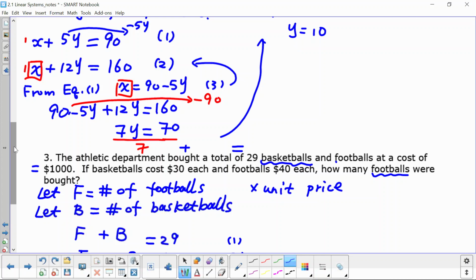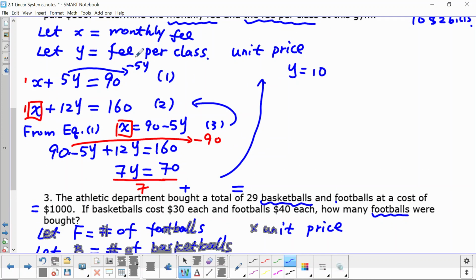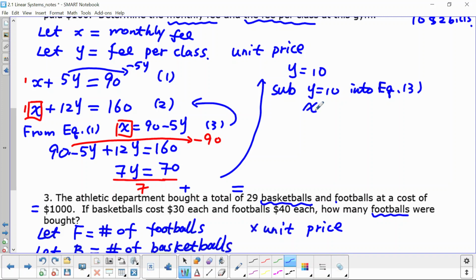So that means you have $10 per class for the fee. And now we need to find x. Substitute y equals 10 into equation 3. You have x equals 90 minus 5 times 10.